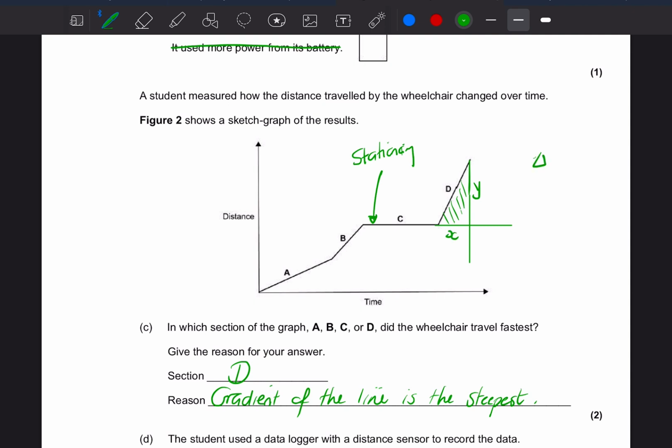You do the change in y divided by the change in x. So you read the numbers off the graph and look at the difference. That's your change in y, and you do the same for x, and that will give you your speed. But we don't need to do that for this one, so I'm just going to get rid of all that.